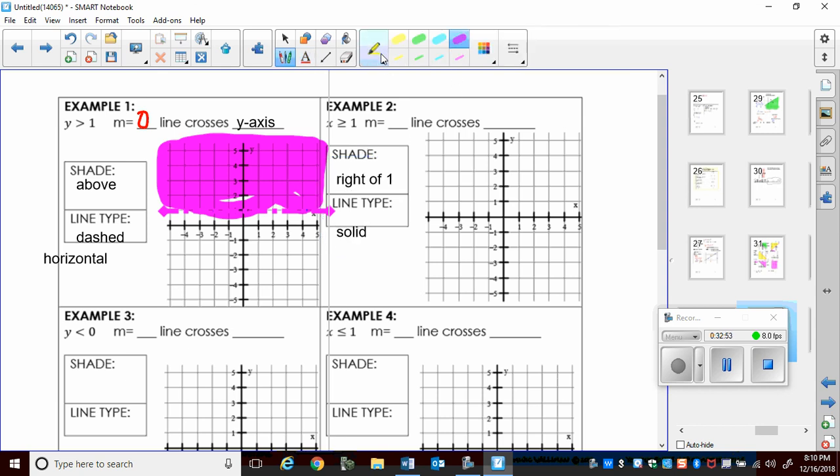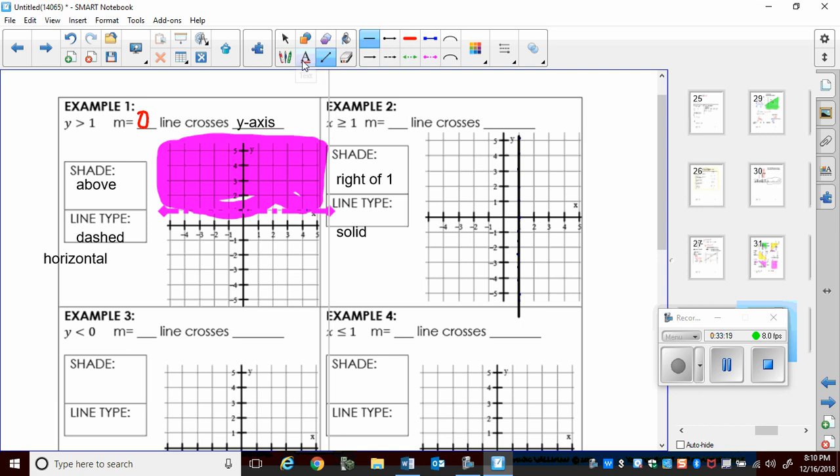So I'm going to pin this at 1. x equals 1, all the way up and all the way down. And it's equal to, so it's a solid line. We're going to go back and do the slope, so we're sure we're on the same page here.